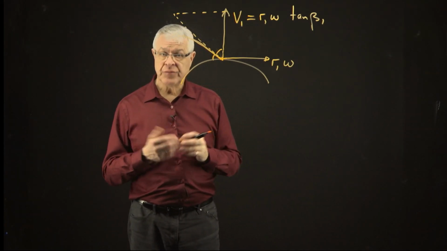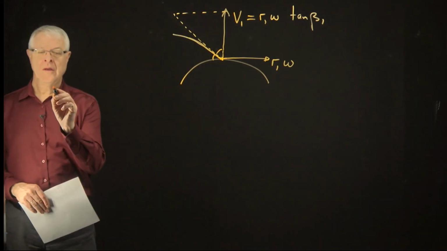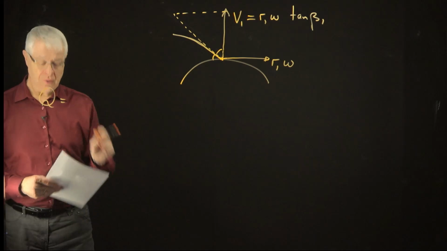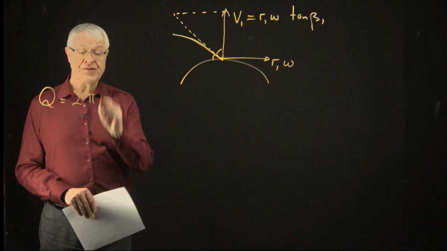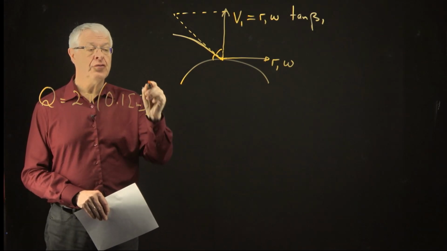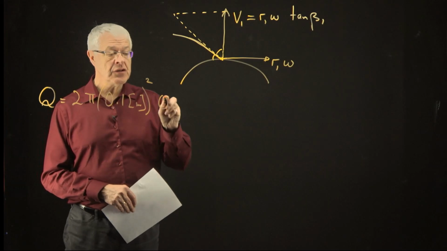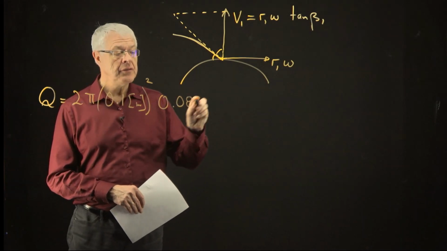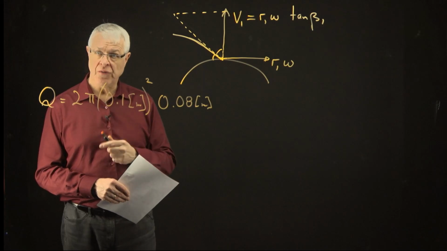So now we can substitute numbers into our equation for the volume flow rate. So Q will be equal to 2 pi R1 squared, and that's our 0.1 meters, the inner radius squared. The depth of the impeller at the inlet, so that's our 8 centimeters. The angular speed, that's our 2400 RPM.